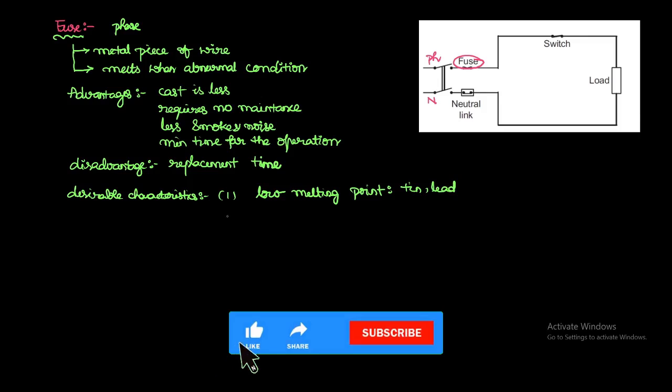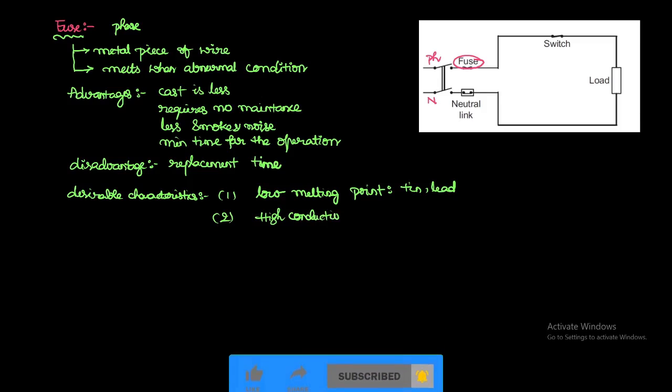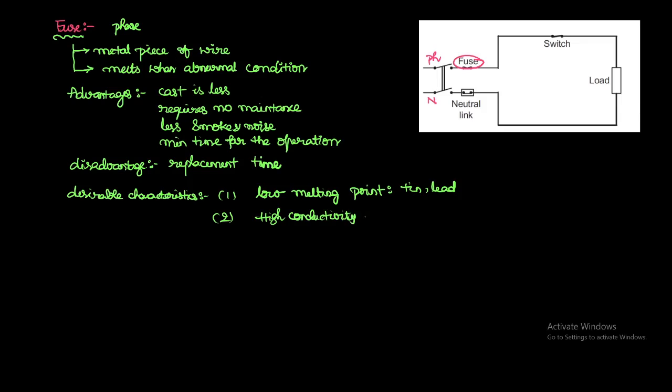Second is high conductivity. We have to select a material which has high conductivity. Examples are silver or copper. Normally we consider copper because silver's cost is high.